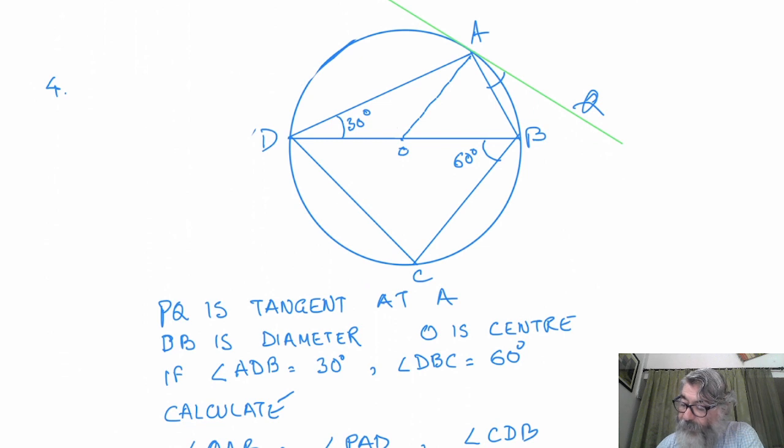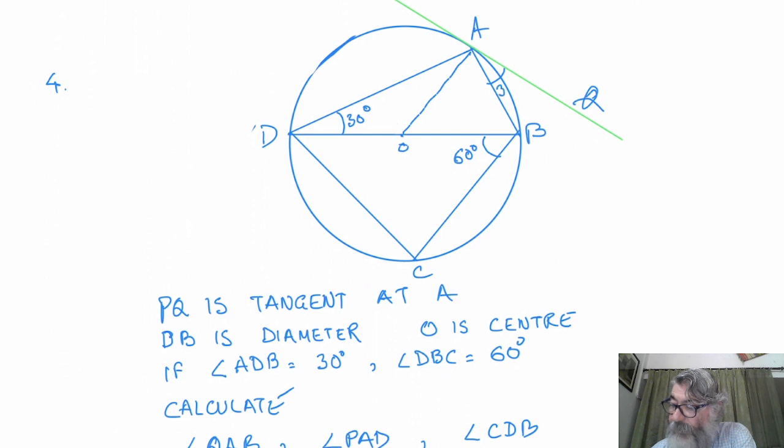Angle QAB will be equal to angle ADB, which is 30 degree, by the reason that angles in the alternate segment are equal.